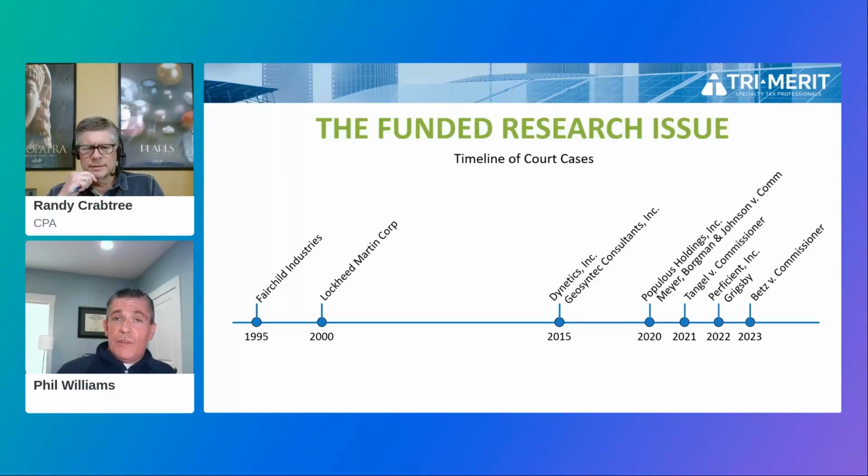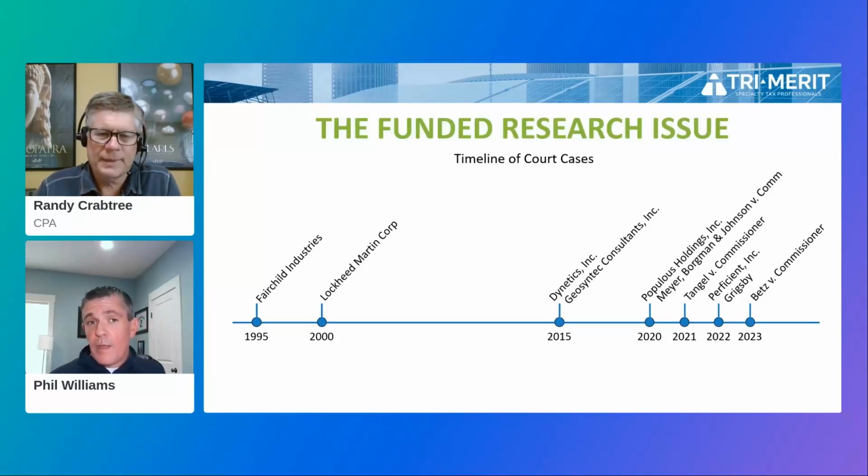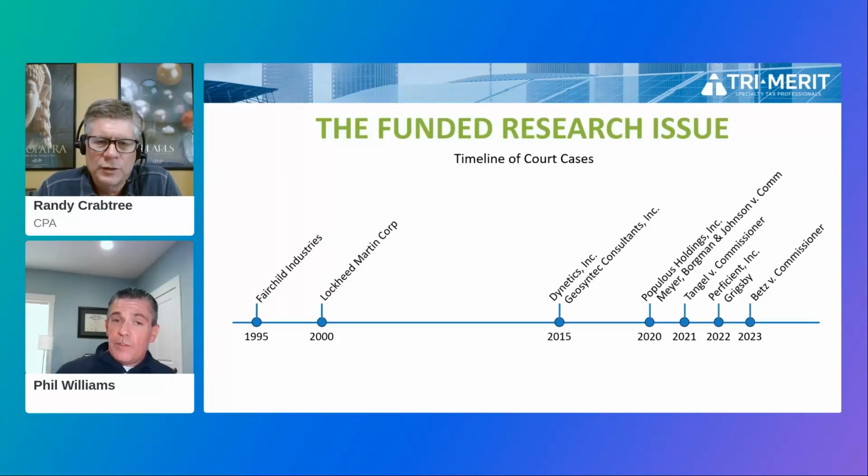But what we came away with, using general terms, was that if you were a contractor performing services under a fixed fee agreement, and if you retained rights in what you were researching, the right to reuse, or if the contract was silent about who had the right to reuse it, then it was not considered to be funded research. You were meeting both prongs of that test, and the R&D credit then belonged to that taxpayer. Pretty clean, not exactly spelled out as well as it could have been, but we had something to rely upon.